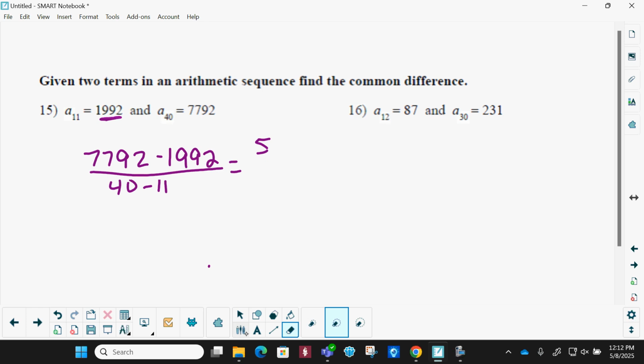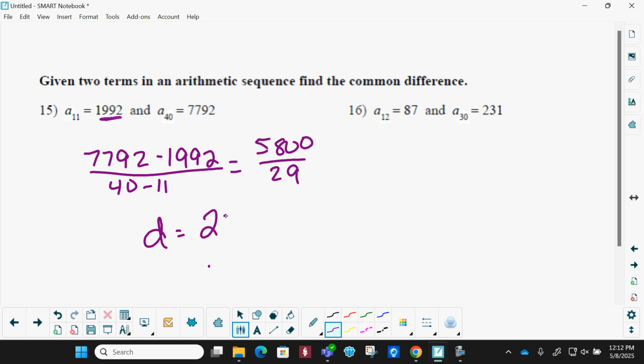Okay, that's 5,800 divided by 40 minus 11 is 29. So my D value is 5800 divided by 29 is 200. And that's all we have to do.